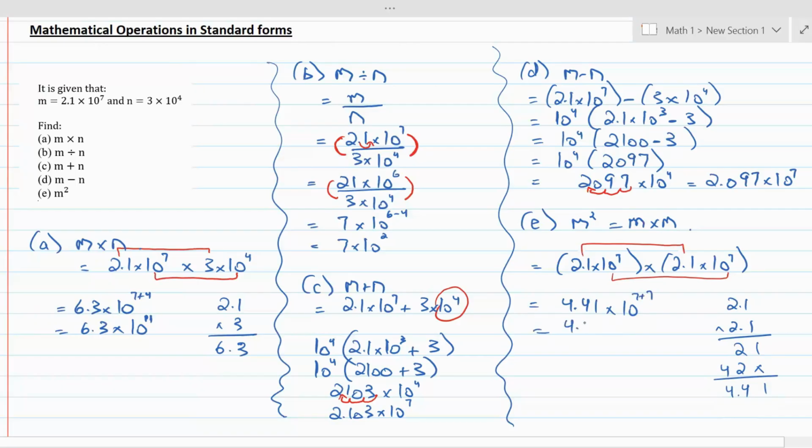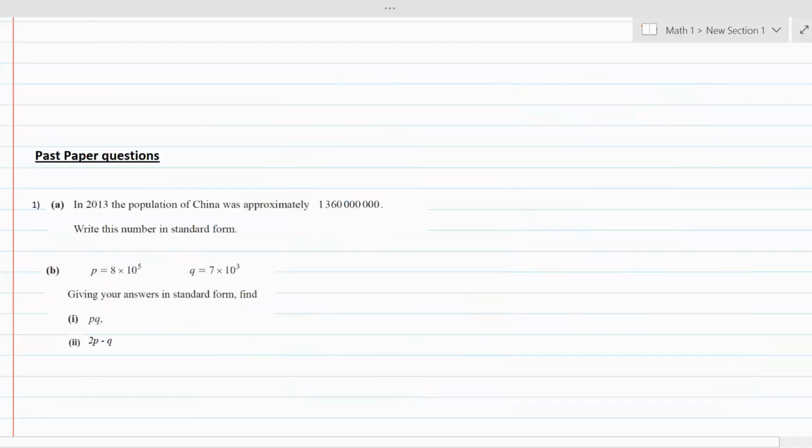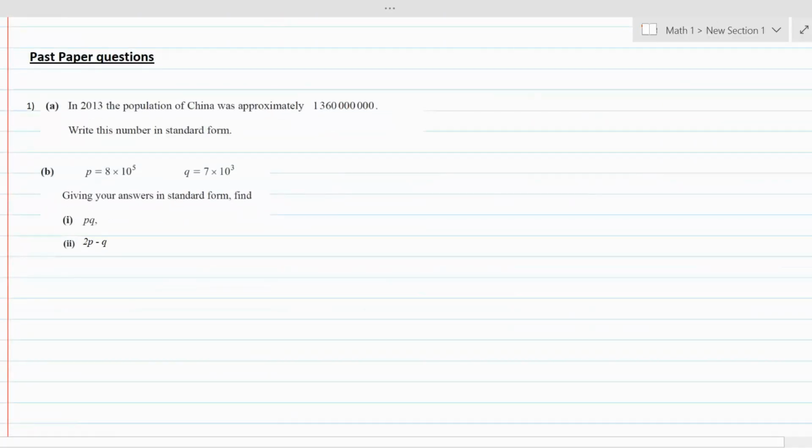Finally, the answer is 4.41 into 10 raised to the power 14. So this was all about the 4 mathematical operations involving standard forms. Now we'll look at a few challenging questions, the type of question you can expect in exams. For more practice, we'll solve a few more questions about standard forms.